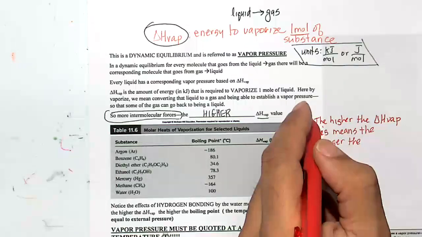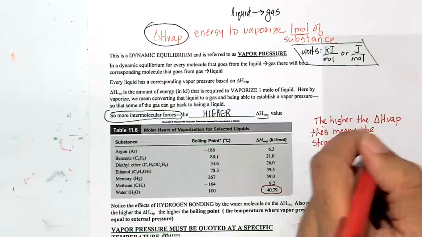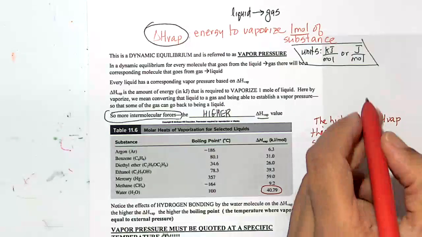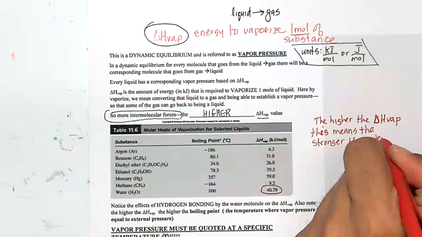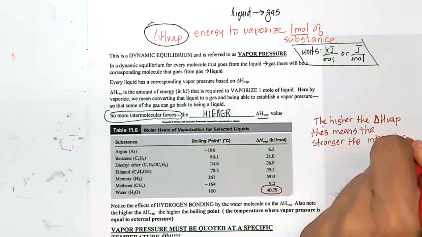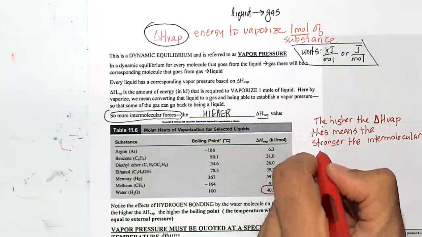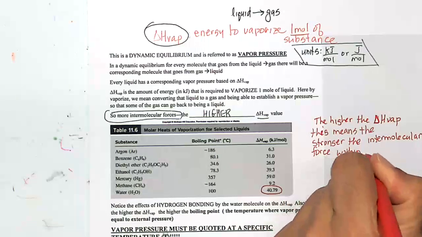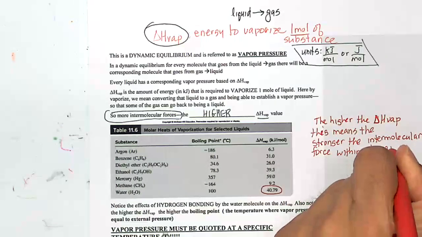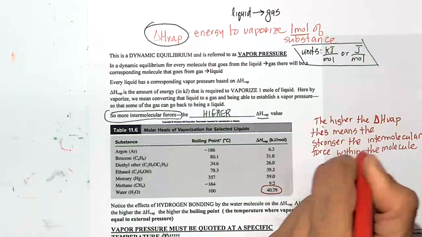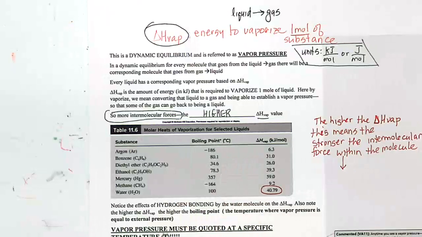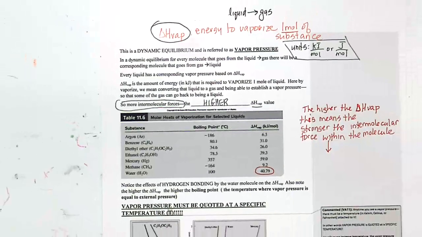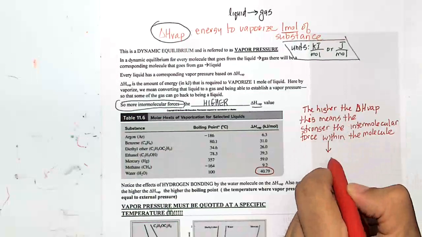So this higher delta H vaporization means the stronger the intermolecular force within the molecule, because all of that energy is going to break up the force.